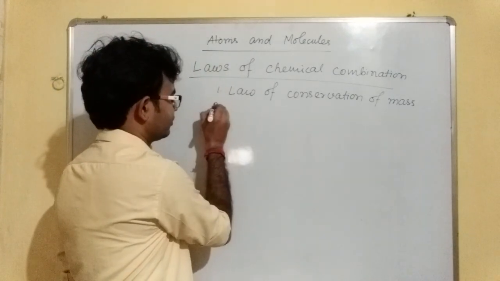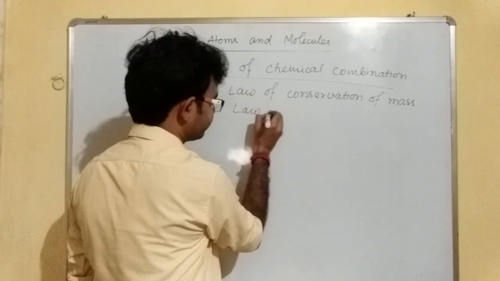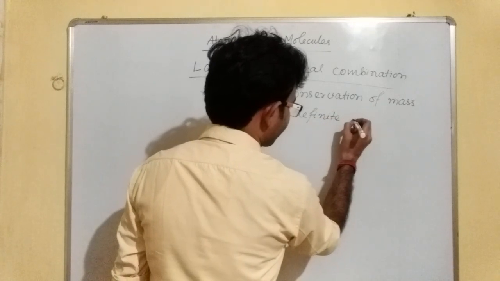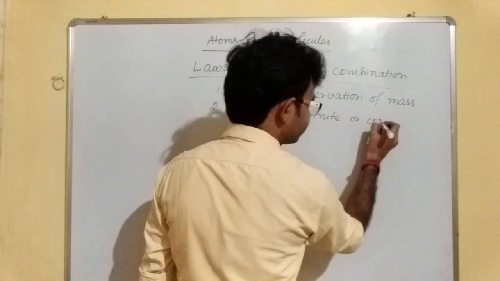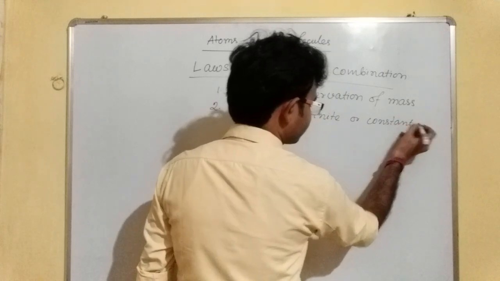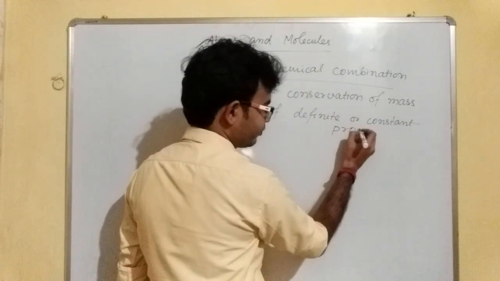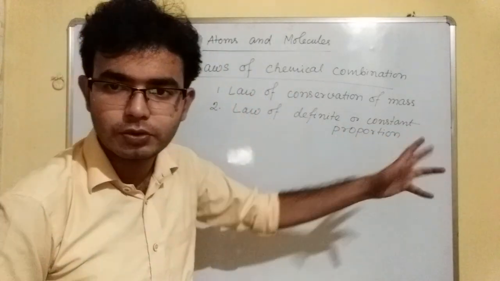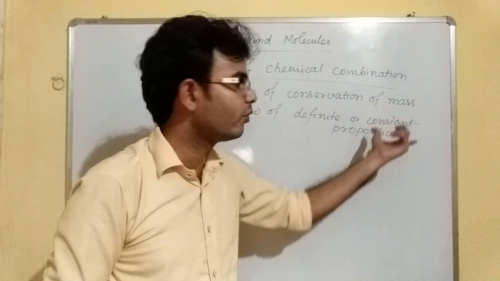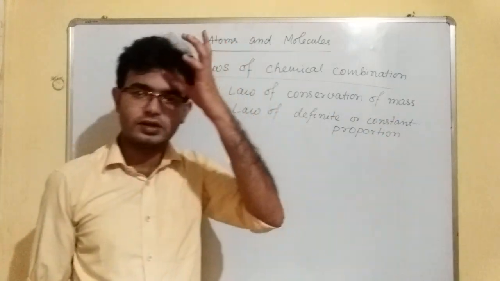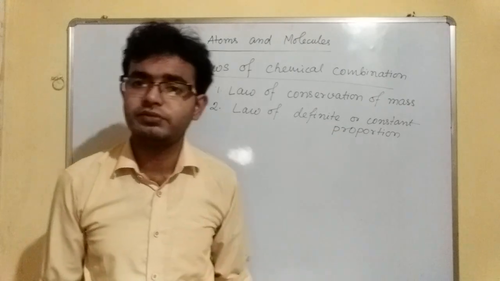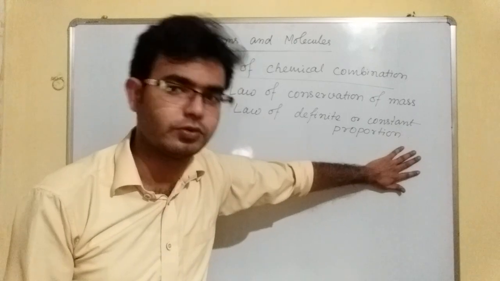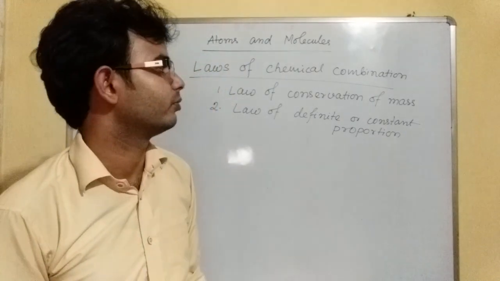Number 2, law of definite or constant proportion. In some books it is written law of definite proportion. In some books it is written law of constant proportion. Okay, in some books this law is called law of definite proportion, in some books law of constant proportion. Now say whatever you like, no problem.